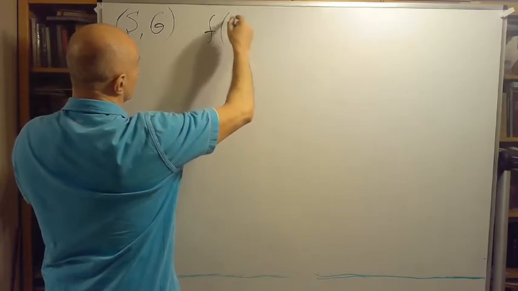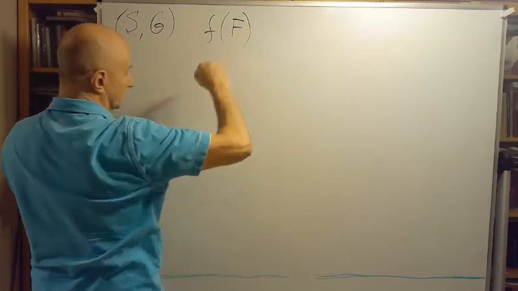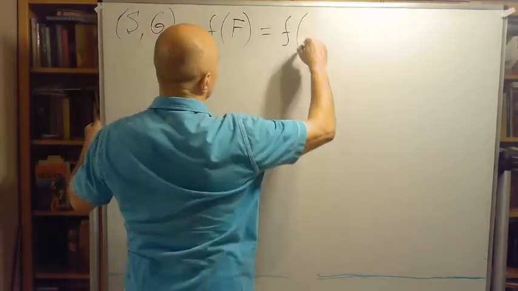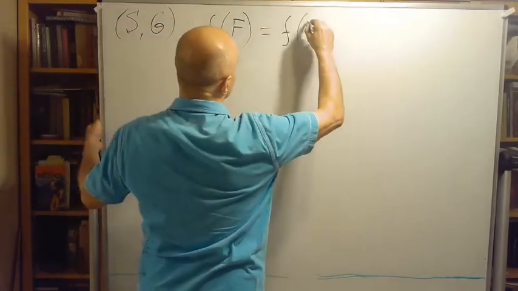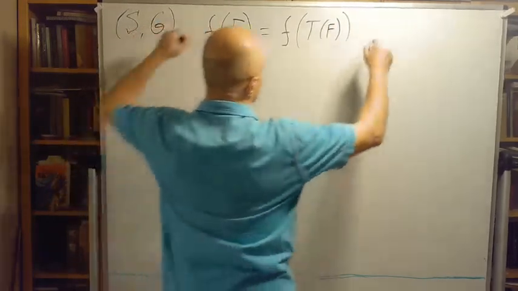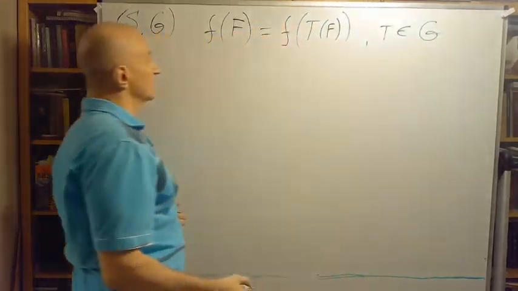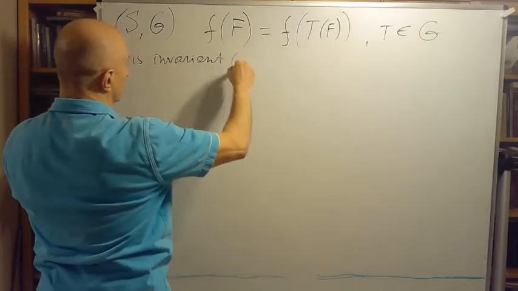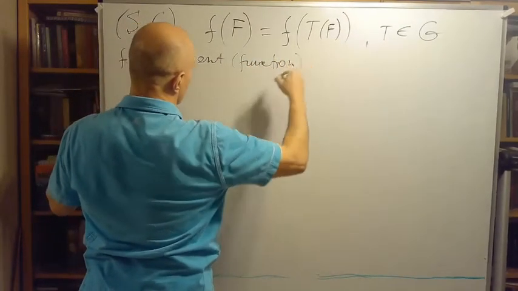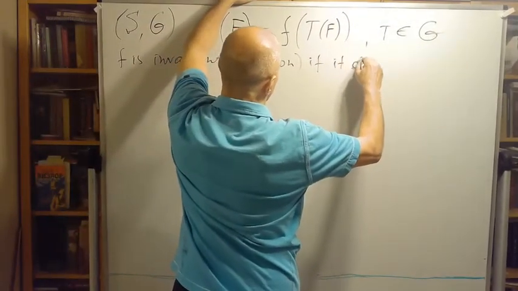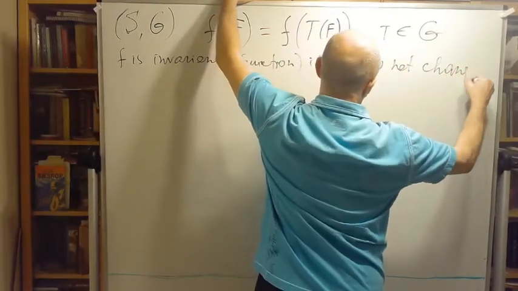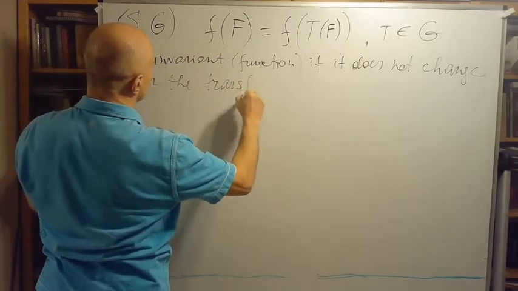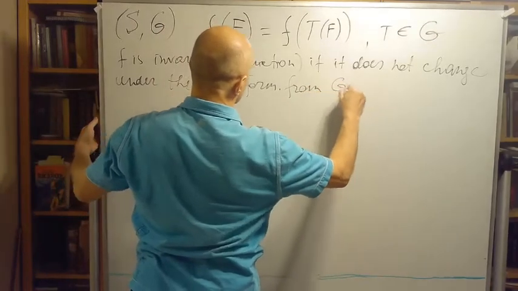So the function of some figure, I will call it F capital, will be the same after a transformation from group G is applied to the figures lying in the space S. So it will be f of T of F, where T belongs to the group G, a transformation of group G. So f is invariant, and this invariant, this is a function, usually can be expressed numerically, if it does not change under the transformations from the group G.